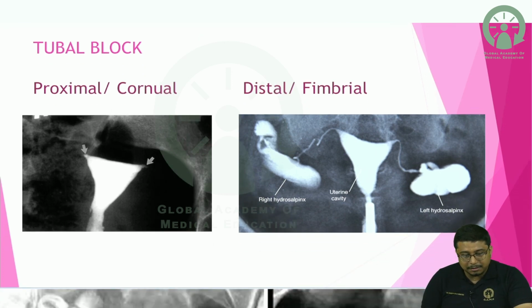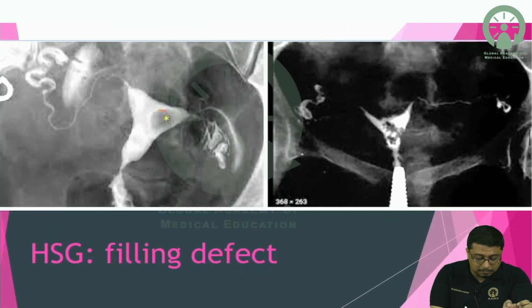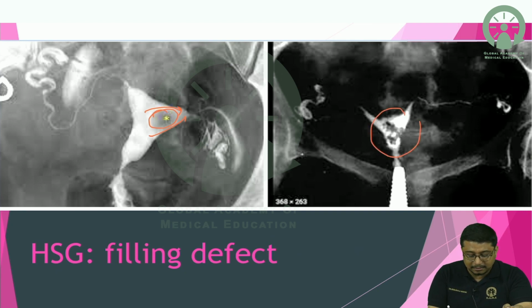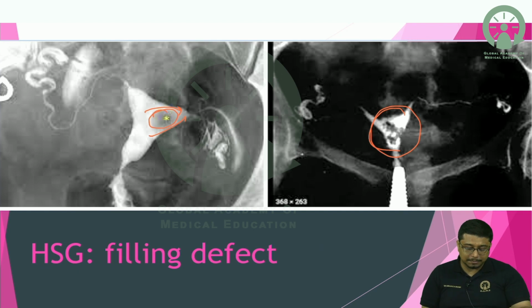These are distal tubal blocks showing massive hydrosalpinx. This is a very smooth rounded filling defect with dye passing around it, so this is most likely a polyp or a fibroid, whereas this is a scattered and irregular filling defect, so this might be Asherman syndrome.